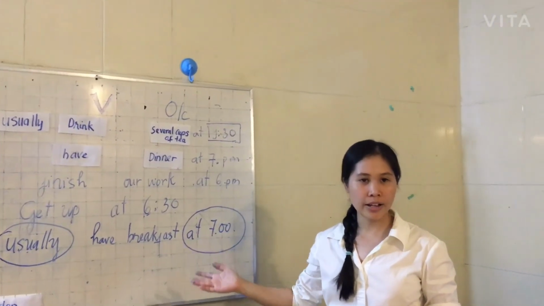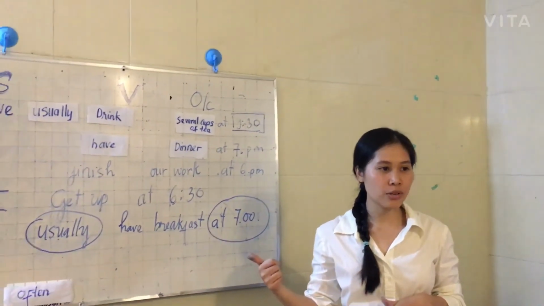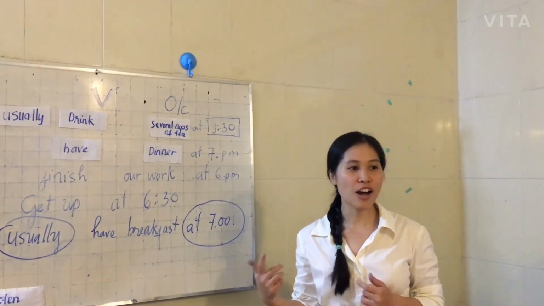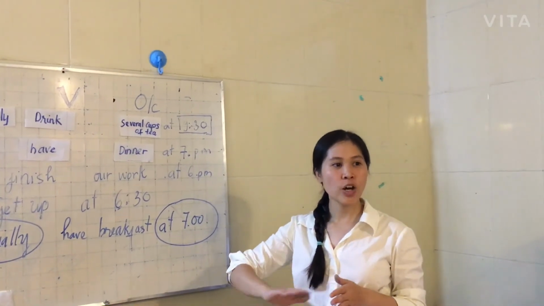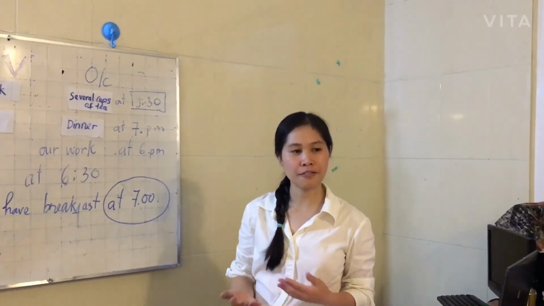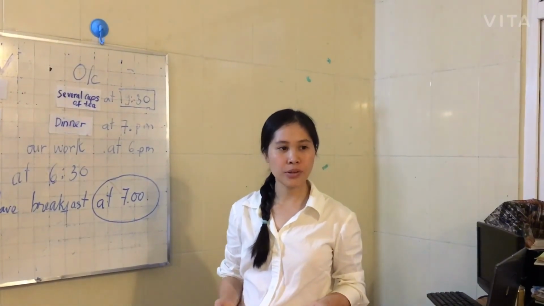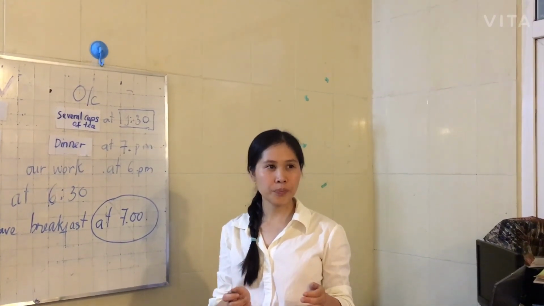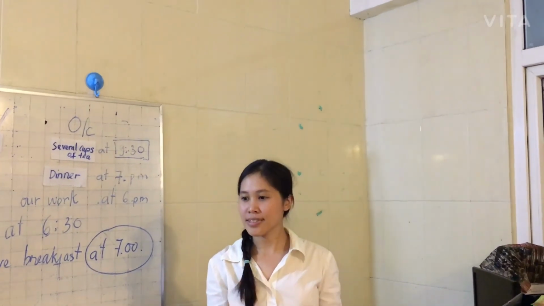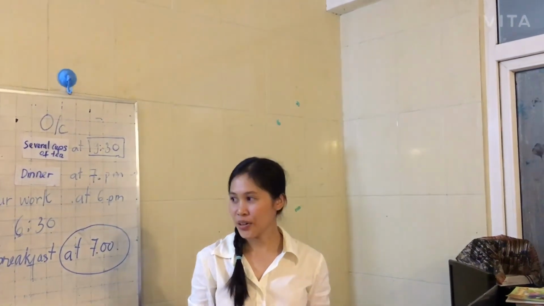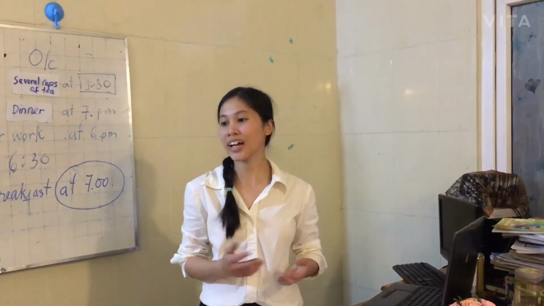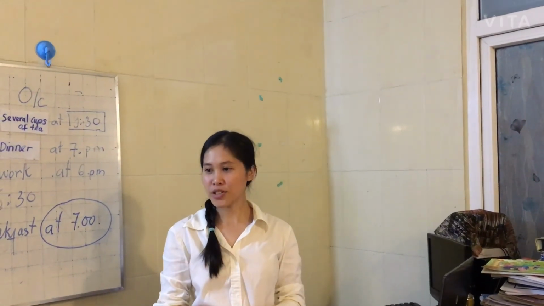We use the structure subject, verb, object, and then we can add more time and a frequency adverb to clarify your sentence. It's very important, because when you know the language, you can speak to each other. You feel more confident to speak English. And remember to do your homework.